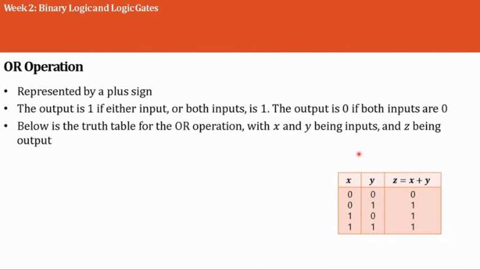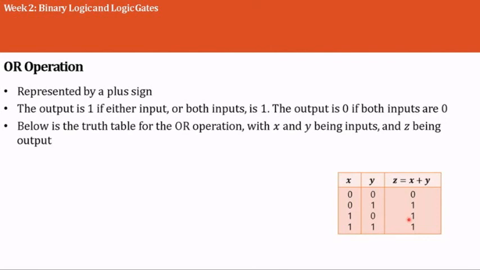So let's say we have here X is equal to 0 and Y is equal to 0. So X or Y will be equal to 0. Let's say our input for X is 0 and our input for Y is 1. So X or Y will be equal to 1. Let's say we have X equal to 1 and Y equal to 0.